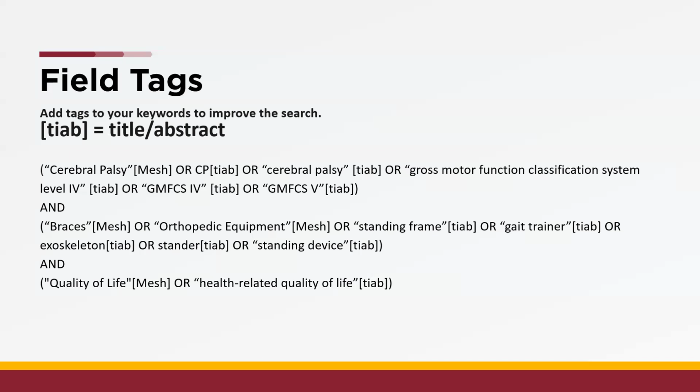This is very helpful for acronyms particularly, because an acronym like CP might be in somebody's name, like Smith, comma CP, is the author of that article, and that's why it's coming up in my results if I don't have that TIAB tag. So it could be a completely unrelated article that's pulling through just because that TIAB tag is not there.